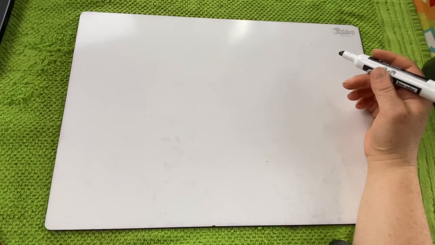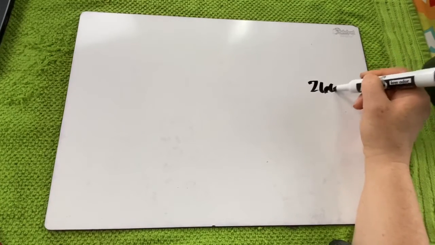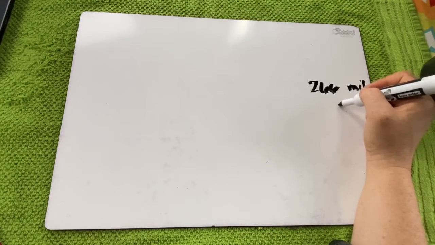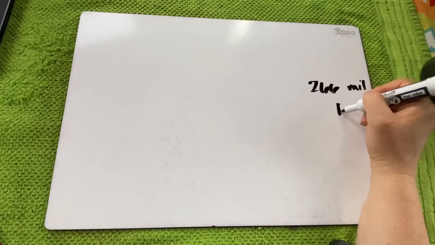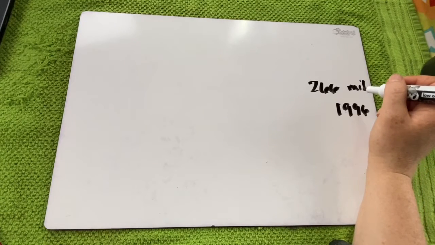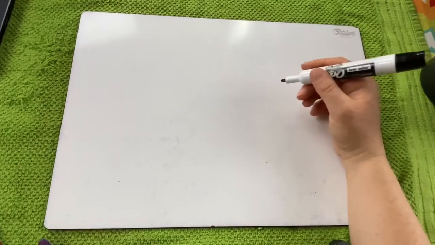You can do this by dividing the population, which was about 266 million in 1996. Okay? So what they said was, I don't like that one. Sorry, moving on.